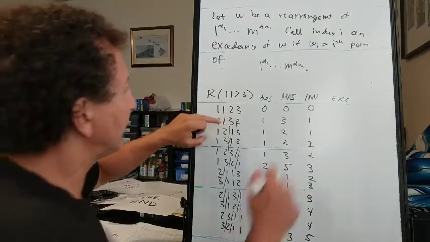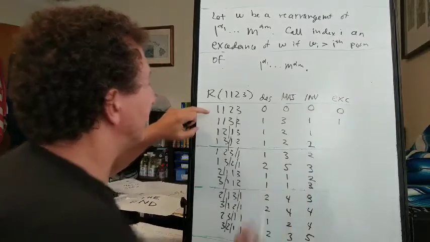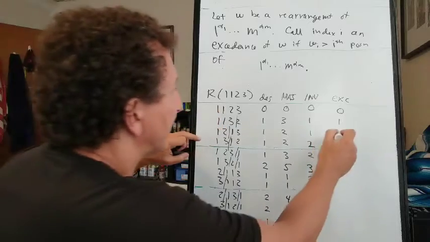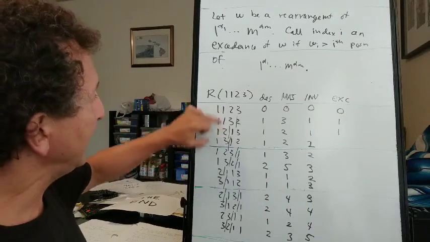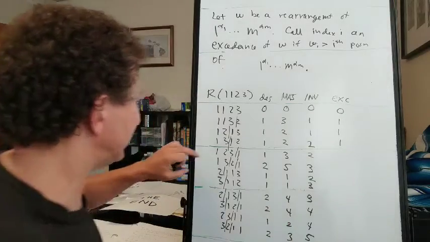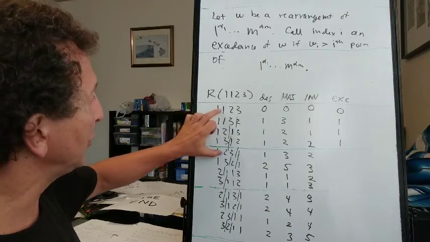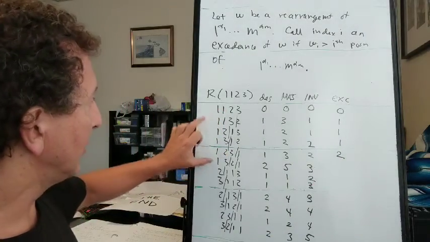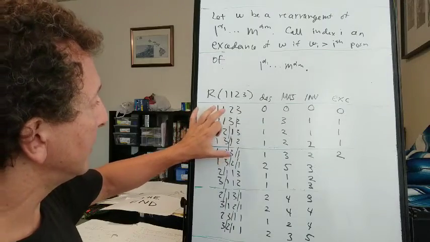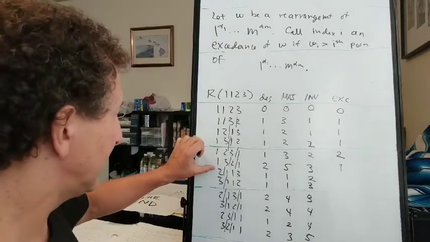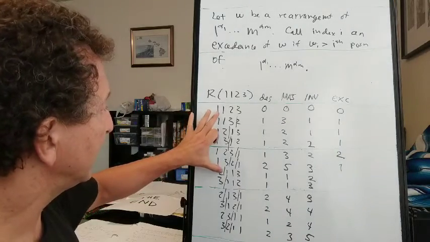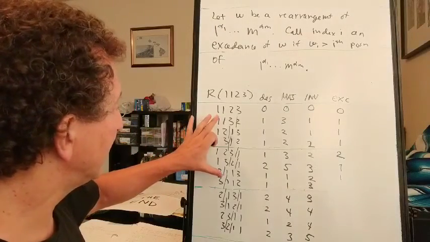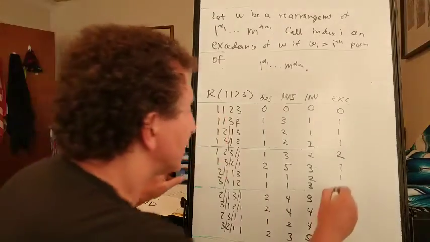So here 3 is bigger than 2, so that's 1 exceedance, and there's no exceedances in the word 1, 1, 2, 3 itself. 2 is bigger than 1, so it's 1 exceedance. 3 is bigger than 1, so it's 1 exceedance. 1 is the same as 1. 2 is bigger than 1, and 3 is bigger than 2, so that's 2 exceedances. 3 is bigger than 1, so it's 1 exceedance. 2 is bigger than 1, same, lower, same, just 1 exceedance. 3 is bigger than 1, same, lower, lower, just 1.